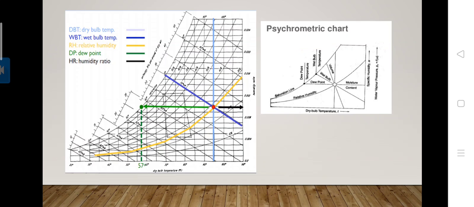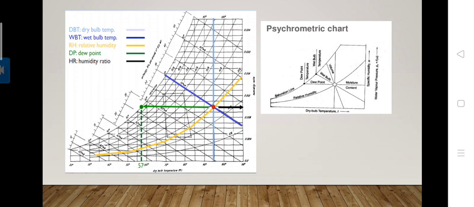Next are the dew point temperature lines, the constant specific humidity lines, also called constant dew point temperature lines. These are horizontal lines, and we can read the dew point temperature on the saturation line in degrees centigrade. Next are the specific volume lines. These are straight lines uniformly spaced over the psychrometric chart, giving the specific volume in meter cube per kg.